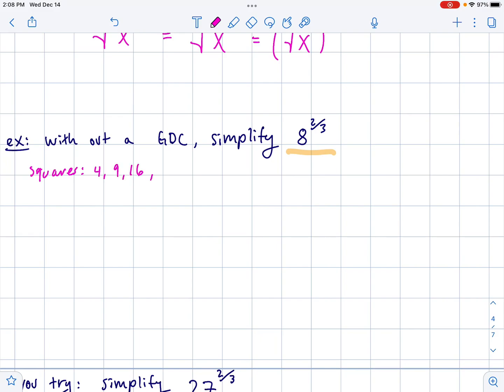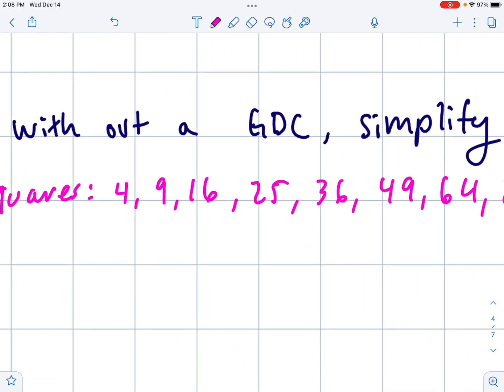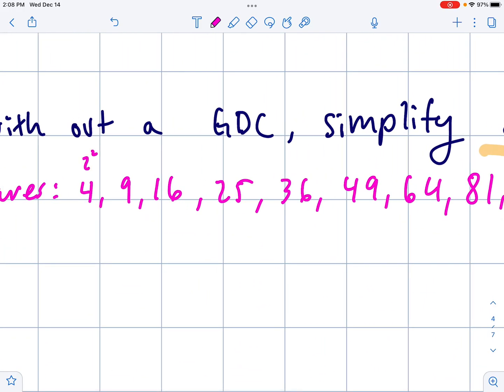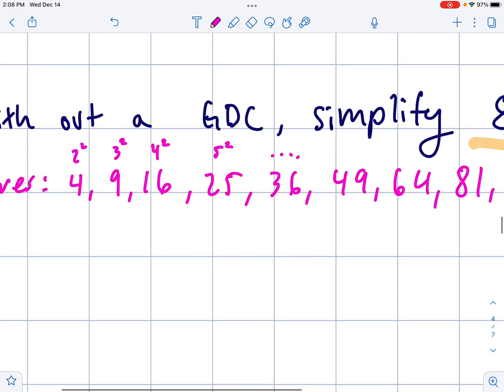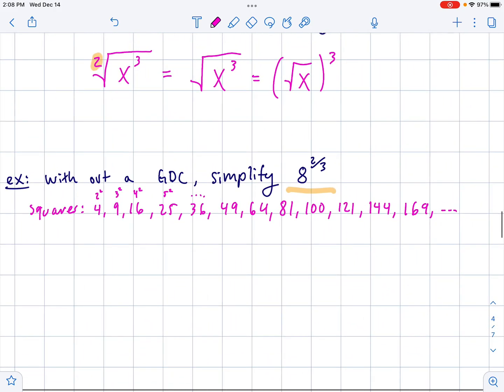Some squares that you guys should recognize are 4, 9, 16, 25, 36, 49, 64, 81, 100, 121, 12 squared would be 144, then I think it's 169, and then after that I really lose track. So those are all perfect squares. Each of these are 2 squared, 3 squared, 4 squared, 5 squared, etc.